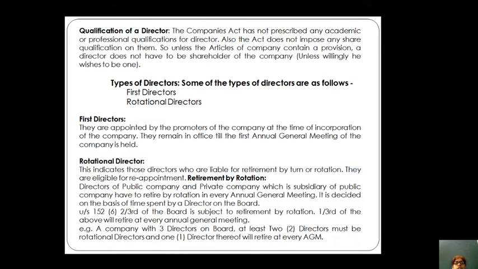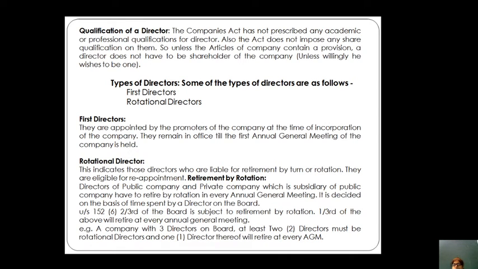Correct? Now we will talk about the qualification of a director. What qualification should he or she have? First, the Companies Act has not prescribed any academic or professional qualifications for a director. The Act also does not impose any share qualification on them. So unless the articles of the company contain a provision, a director does not have to be a shareholder of the company unless willingly he wishes to be one.